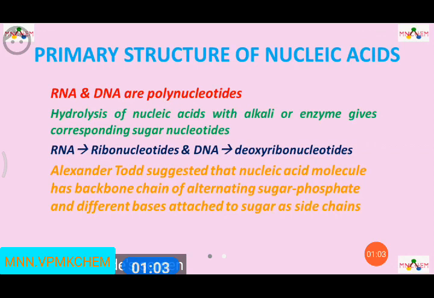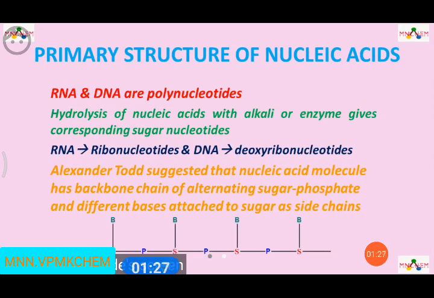Alexander Todd suggested that the nucleic acid molecule has a backbone chain which consists of alternating sugar and phosphate units, whereas the bases are attached to sugar as a side chain. It can be represented in a simple manner like this.